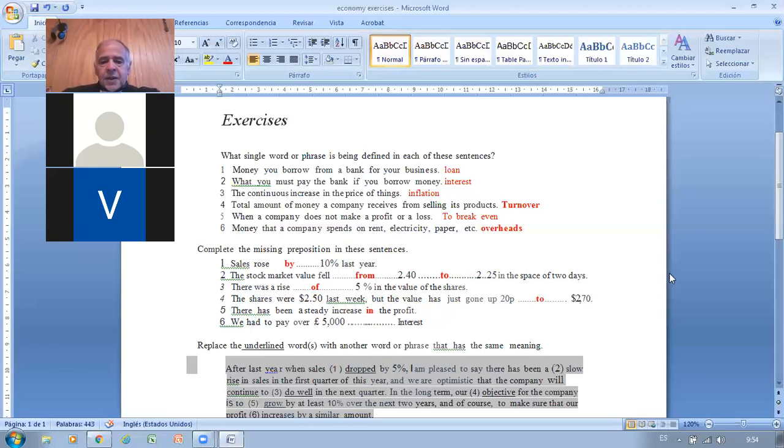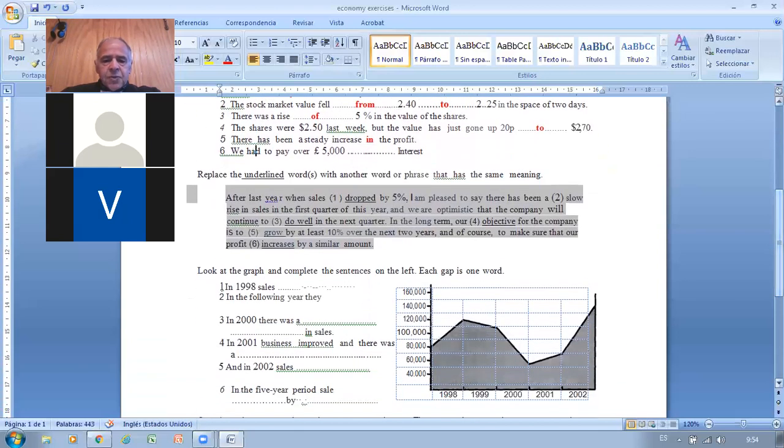Then you have some other expressions like profit, loss, etc. Some synonyms for that: after last year when sales dropped, another synonym for dropped is decreased. Decreased, yeah, they go down.